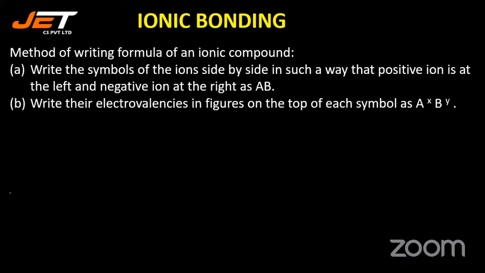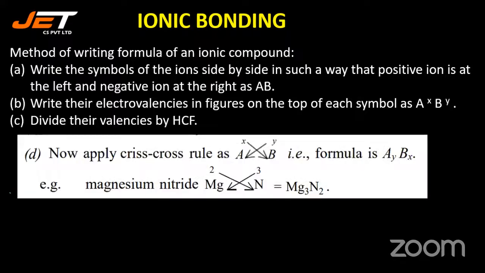Method for writing the formula. So what is the method? Write the symbols like this. I think you have done this before in class 10. Valency, you know. Always write the positive ion on the left hand side. It is a rule.